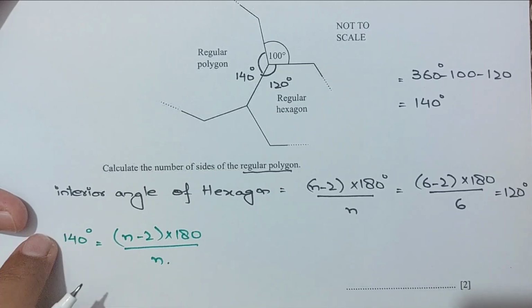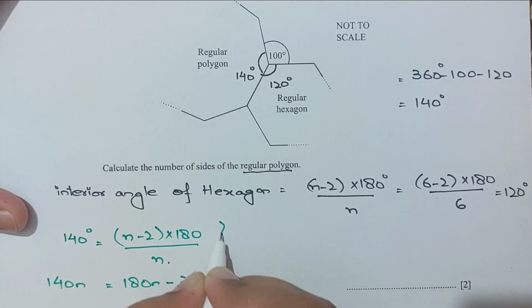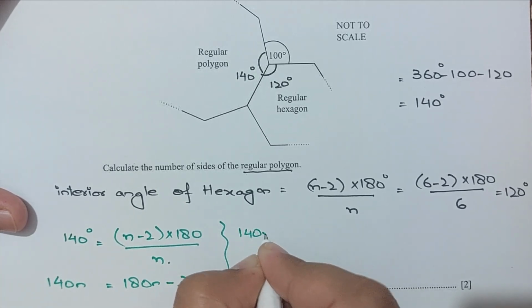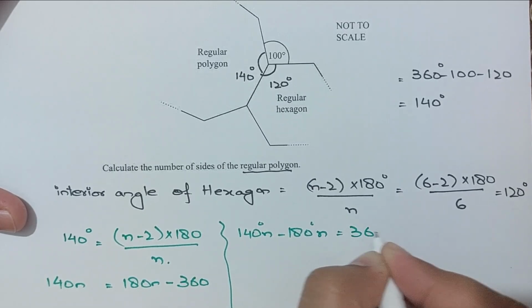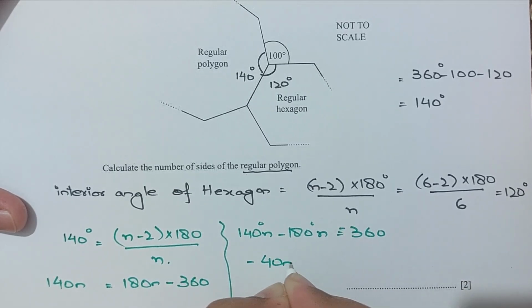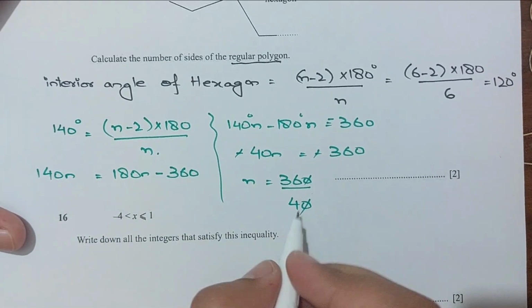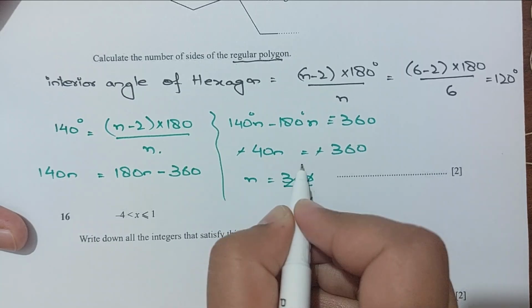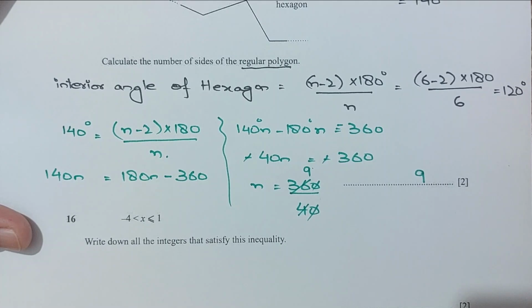Let me solve for n. Cross multiplied, 140n equals 180n minus 360, since 2 times 180 is 360. Further simplify, 140n minus 180n equals minus 360, so minus 40n equals minus 360. So n would be 360 over 40, the negatives cancelling and 0 cancelling with 0. 4 times 9 is 36. So the number of sides of that regular polygon is 9.